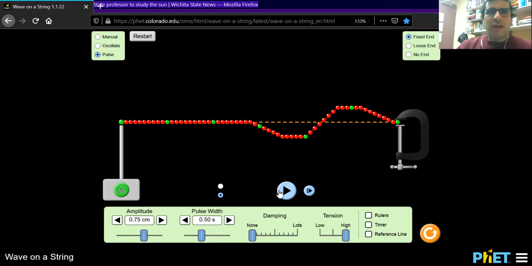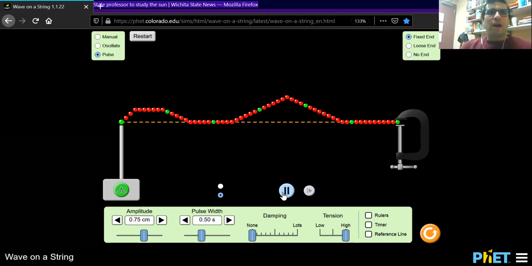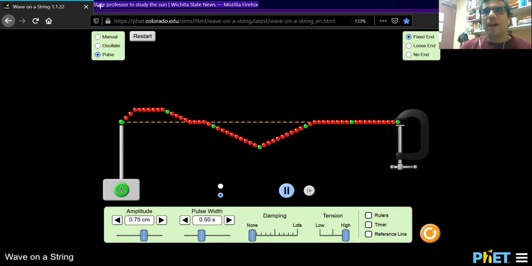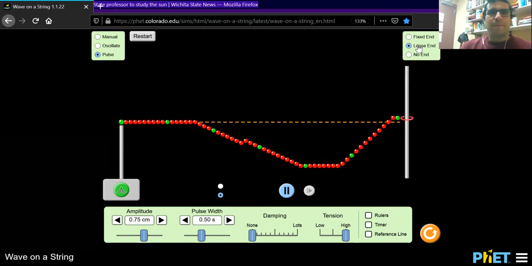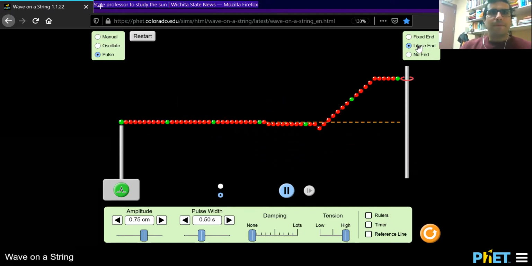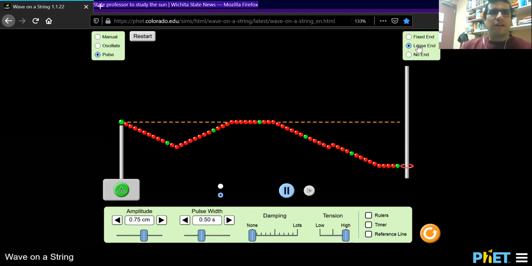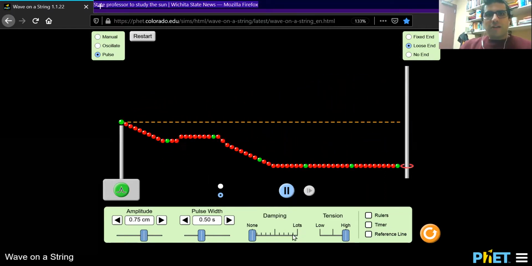Okay, and so what I'll do now is play that again, but I want to get to a loose end. What happens when I change the fixed end to the loose end? It looks like it's adding. I'll restart it.